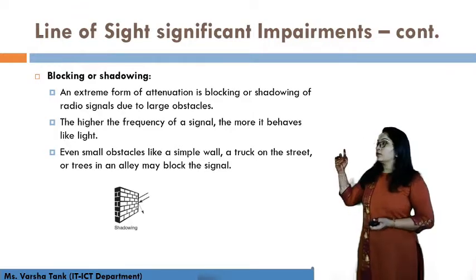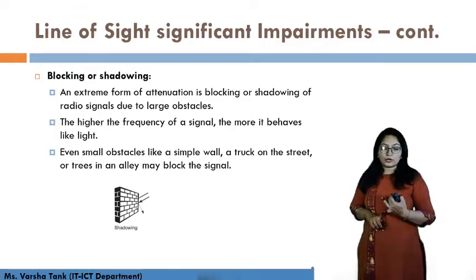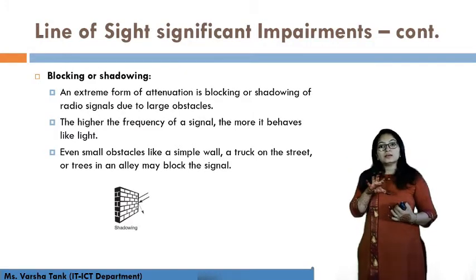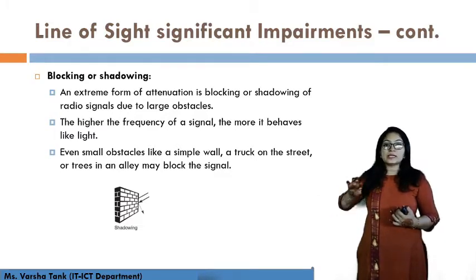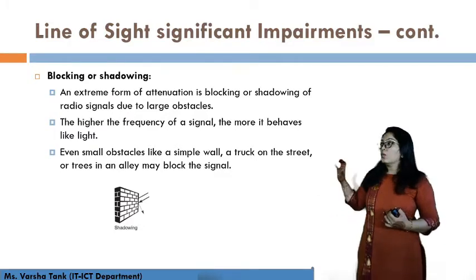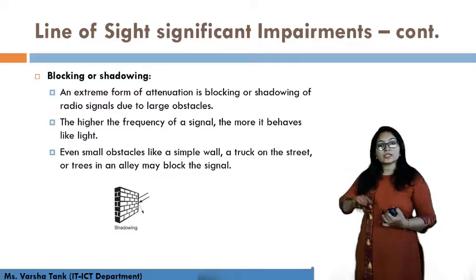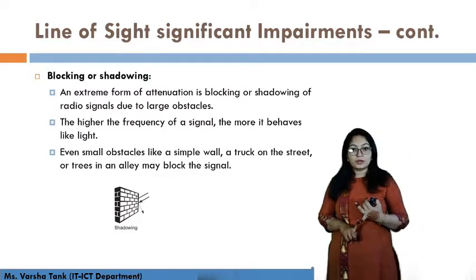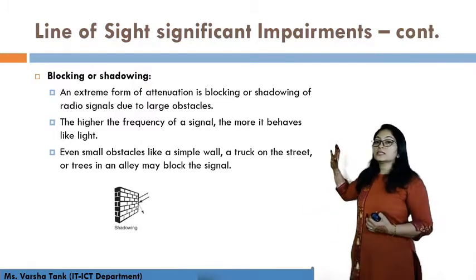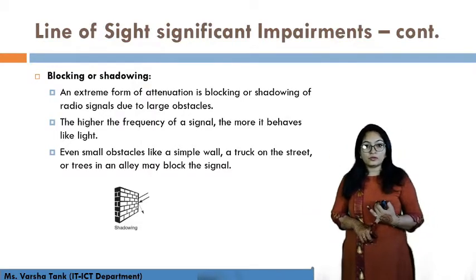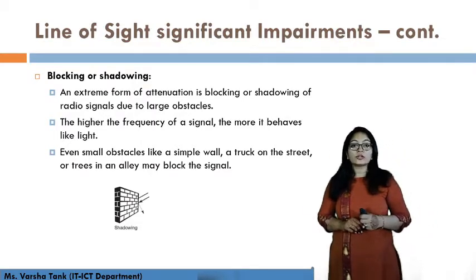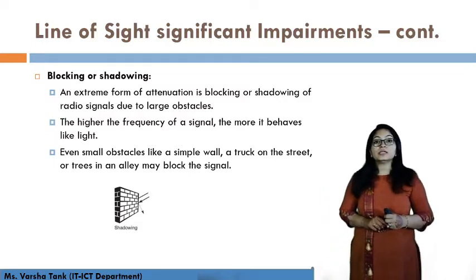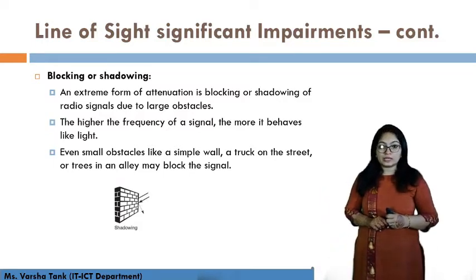First of all, blocking and shadowing. When an obstacle is present in the way of the signal, one effect is blocking or shadowing. An extreme form of attenuation is the blocking or shadowing of radio signals due to large obstacles.